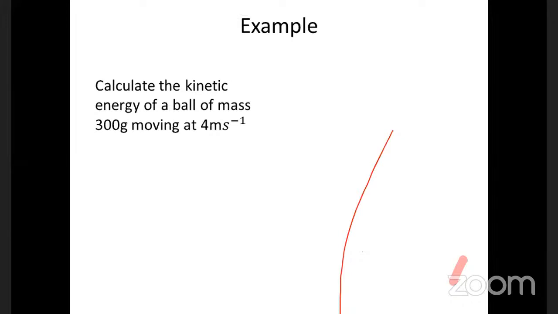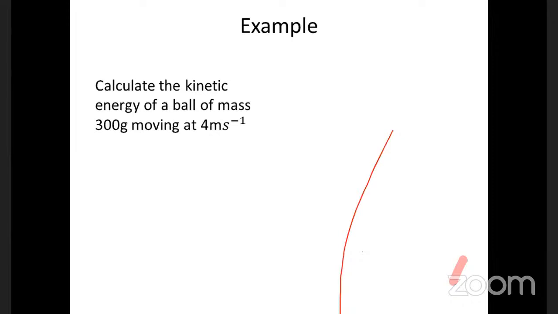See, as we calculate the final answer in joules, it is required that the mass has to be in its SI unit, and the SI unit of mass is kilograms. The other quantity will also have to be in its SI unit.